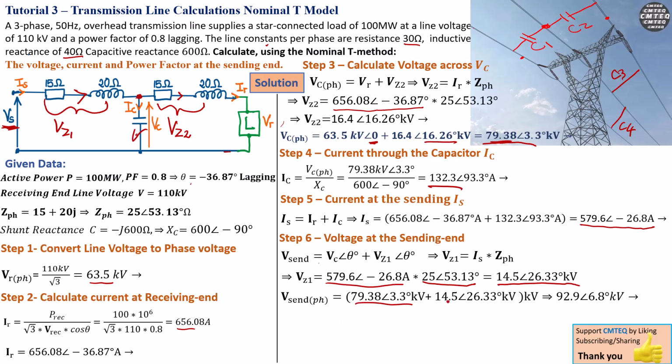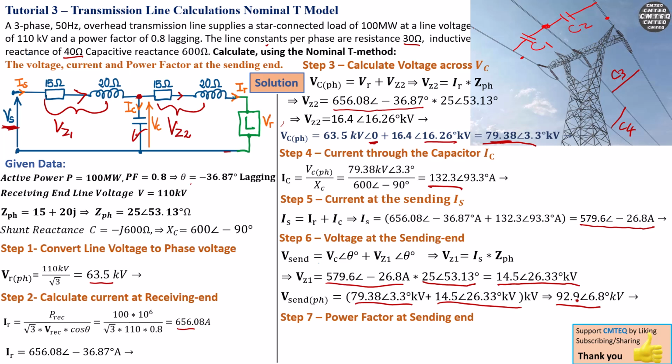There it is, plus the Vz1 that we found there, and we can actually calculate Vsending per phase to be 92.9 with an angle of 6.8 degree. And if you want to calculate the Vsending of the line, you just have to basically multiply this value with the square root of 3, and that's going to give you the sending end voltage of the line.